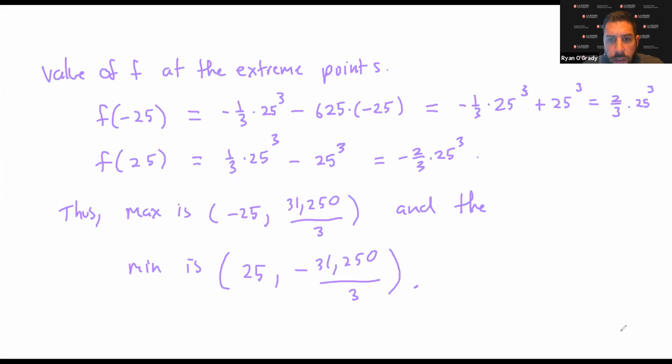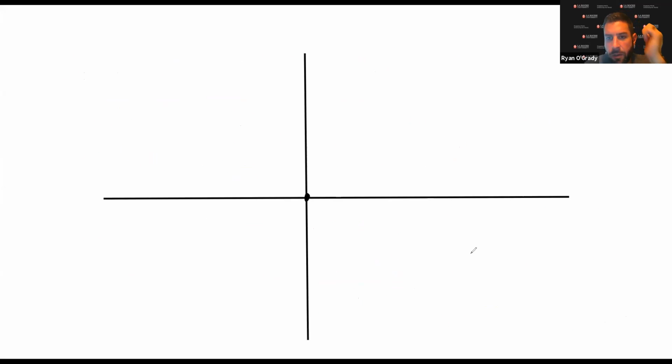So probably a good thing to do is to think about this as being 50. And then that means I intersect somewhere here. And why 50? Because at 25, we know we have a min. And then I'll do a similar thing over here. I'll have negative 50 and then I have 25. And then I know that I intersect somewhere here.